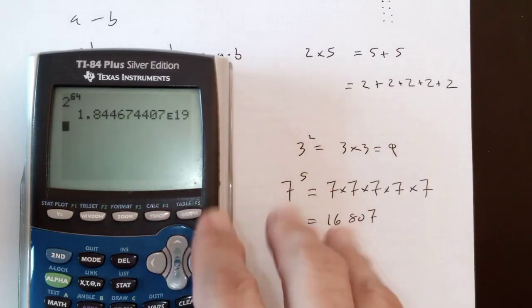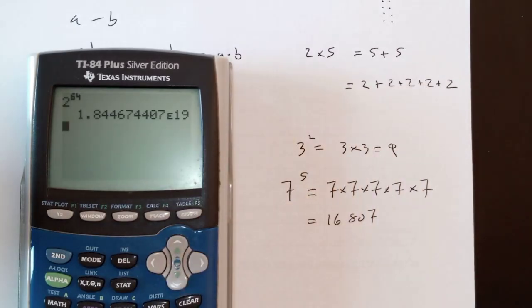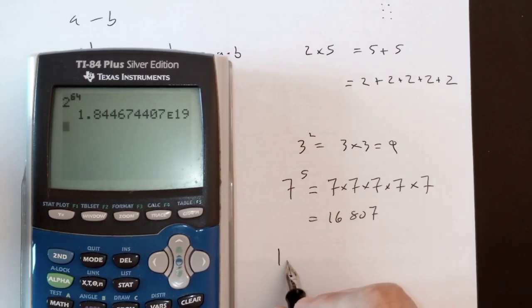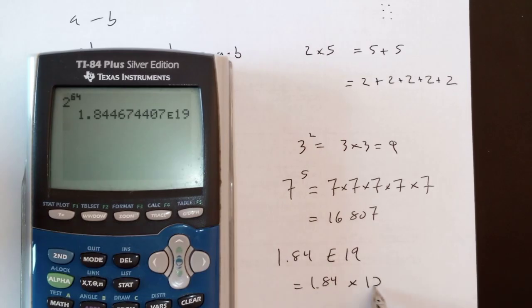So when dealing with powers, we'll often see numbers shortened like this. So that's 1.84 E19, which means 1.84 times 10 to the 19th. Yes, ma'am. Oh, the 17?